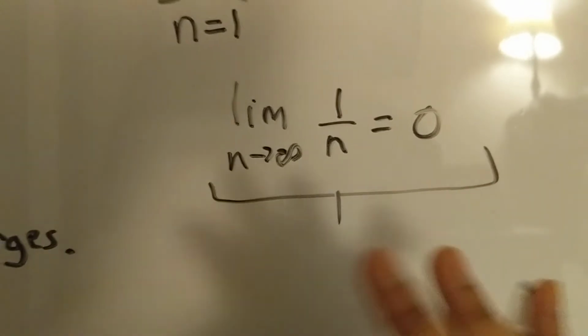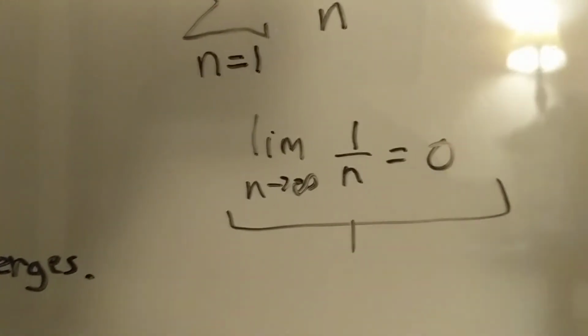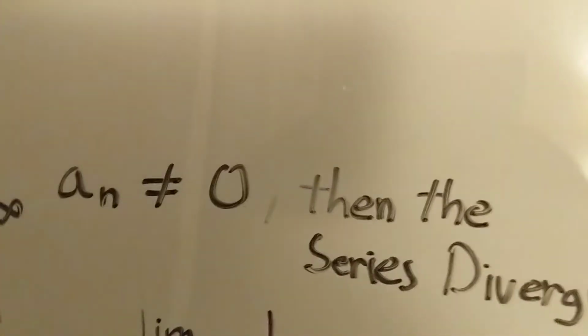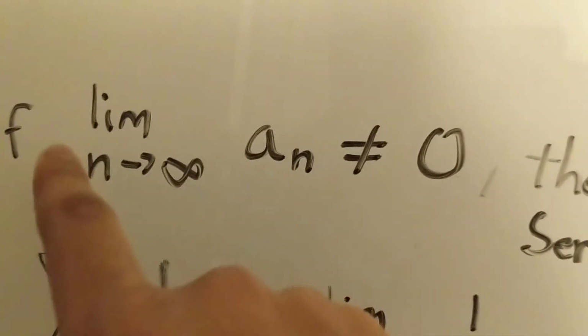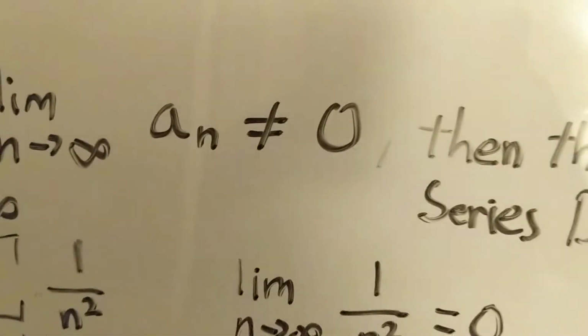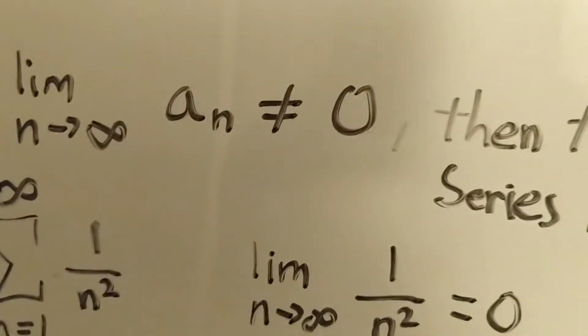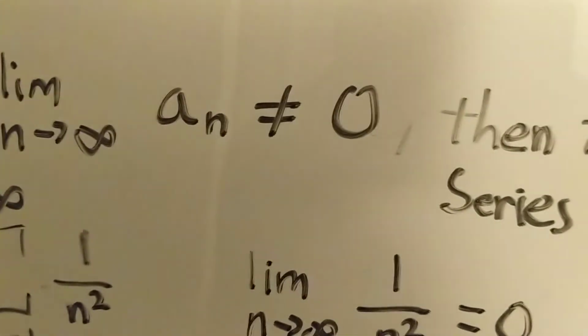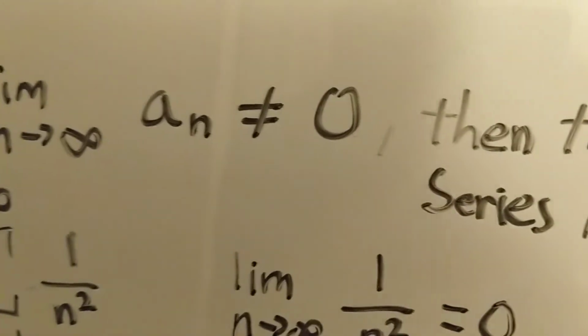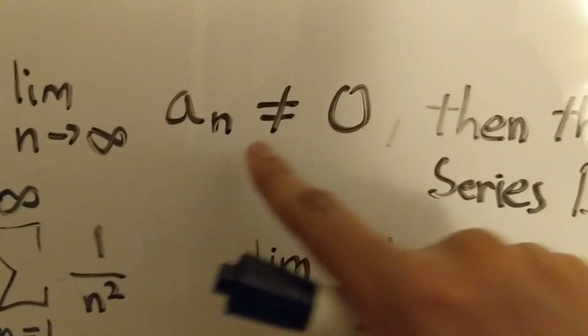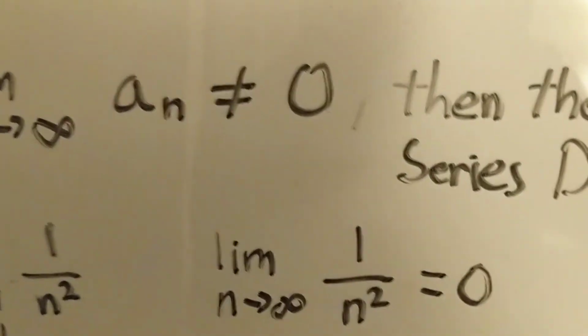So if the limit as n approaches infinity of a of n does equal 0, then you cannot conclude that it is convergent. You can conclude it is divergent if it does not equal 0, but not the other way around.